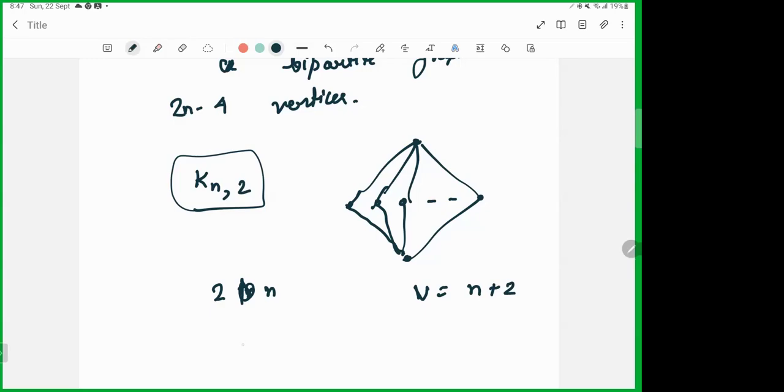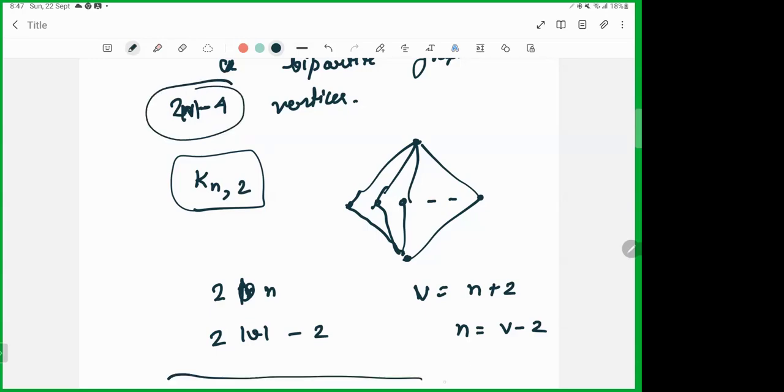What I'm saying is that in the middle portion we have n minus 2 vertices, and each of them gets 2 edges, so we have 2n minus 2, that is 2 times cardinality of V minus 2.